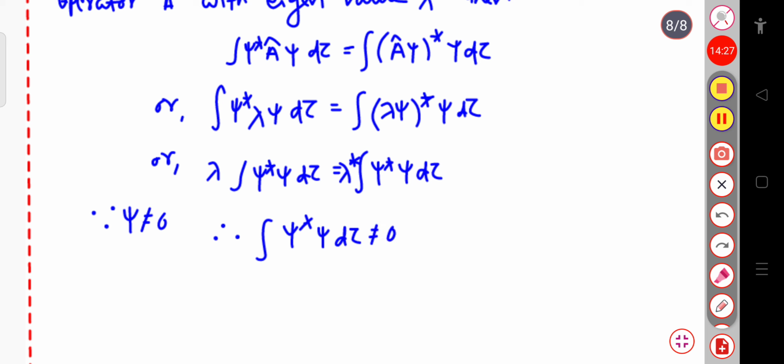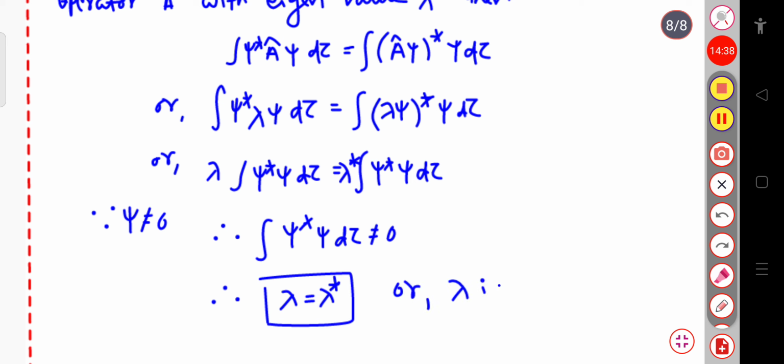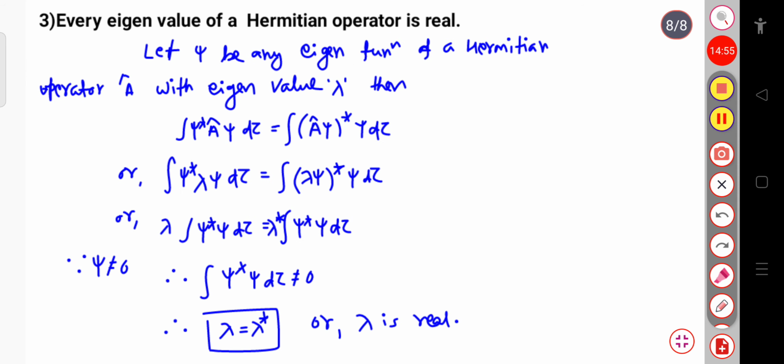Therefore we can write lambda equal to lambda star, or lambda is real. So here we have proved that every eigenvalue of a Hermitian operator is real.